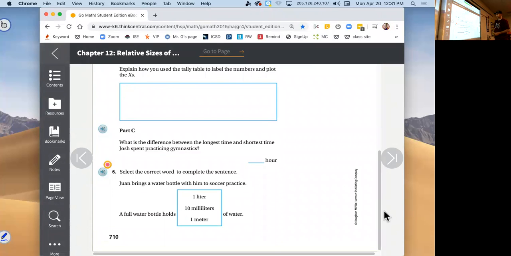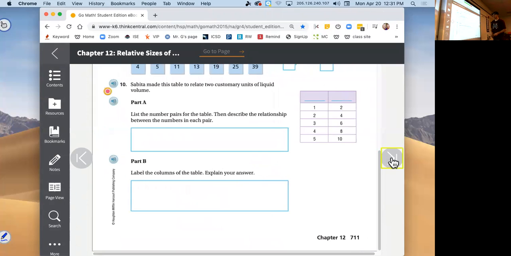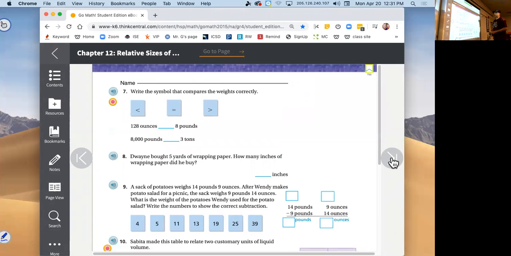Now this one, not too bad. Select the correct word to complete the sentence. We just have to pick which one of these makes this sentence correct. Next, you just have to look at these symbols and decide: is it equal, greater than, or less than? I said look back because you have to look.